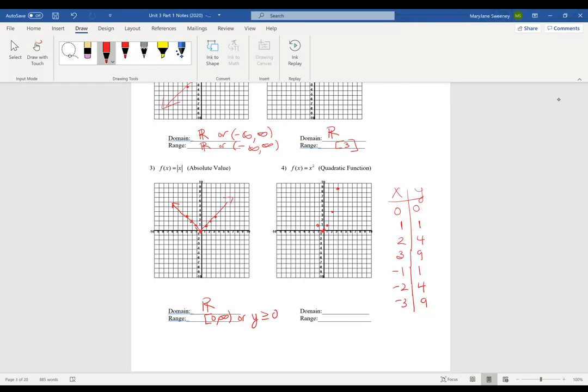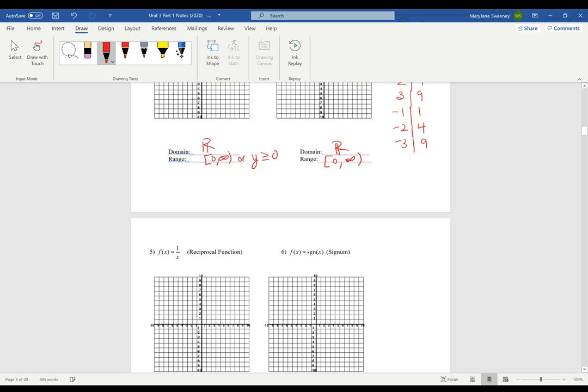So it should be -2, 4, and then -3, 9. I used to always give a quiz on this without a calculator. I don't know if we'll have time for that this year, but this is stuff you should know without a calculator. And I was always very particular about the points. You've got to make sure you have the right points labeled or plotted.